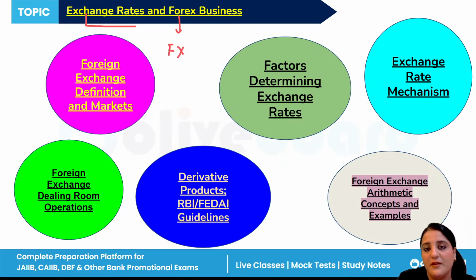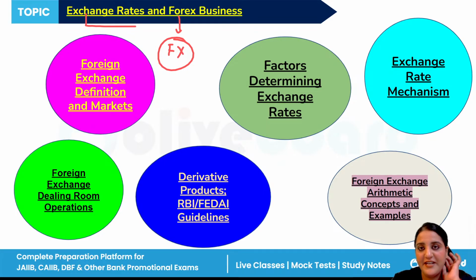Forex business means foreign exchange business: how to deal with the markets located in the foreign market or the international market, and how to determine the rate of 1 rupee in comparison to dollars.